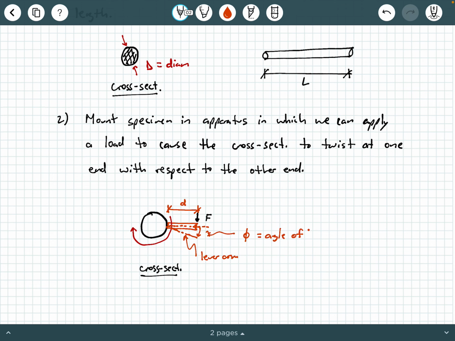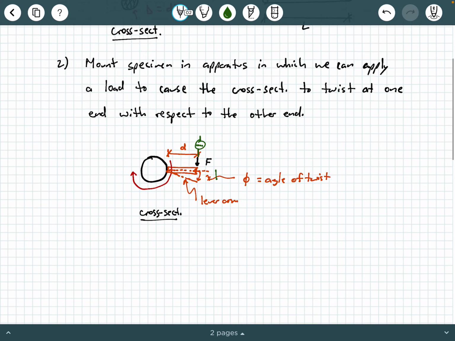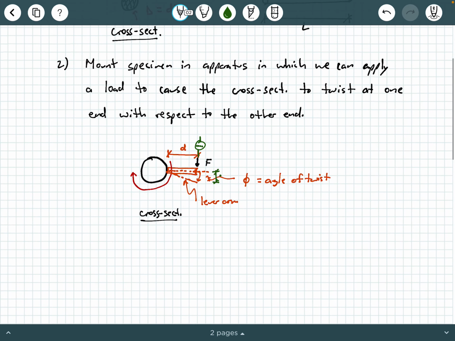Depending on the apparatus you have, that angle of twist could be directly measured, or you might have to mount up a dial gauge right here where you read off this vertical deflection. Call this little delta maybe. Then you can use small angle theory to relate delta, phi, and little d. It just depends on the apparatus.